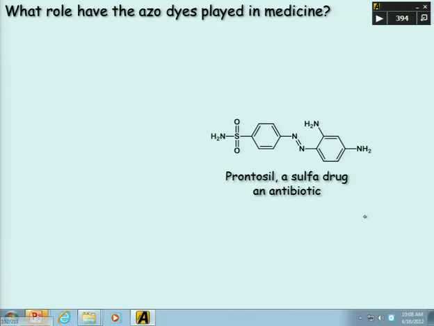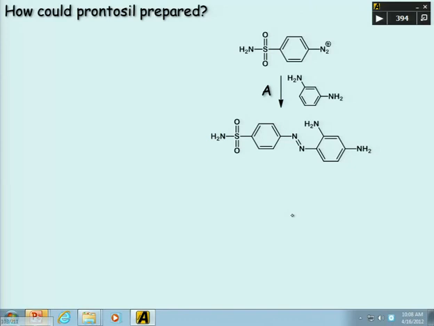Well, by chance, one of them killed bacteria. And so it worked on the mice, and this guy knew that his daughter was sick, and so he got this dye, and it's this one, Prontosil, and that was going to be my quiz. We'll still do the quiz. I thought I had the picture of the dye.